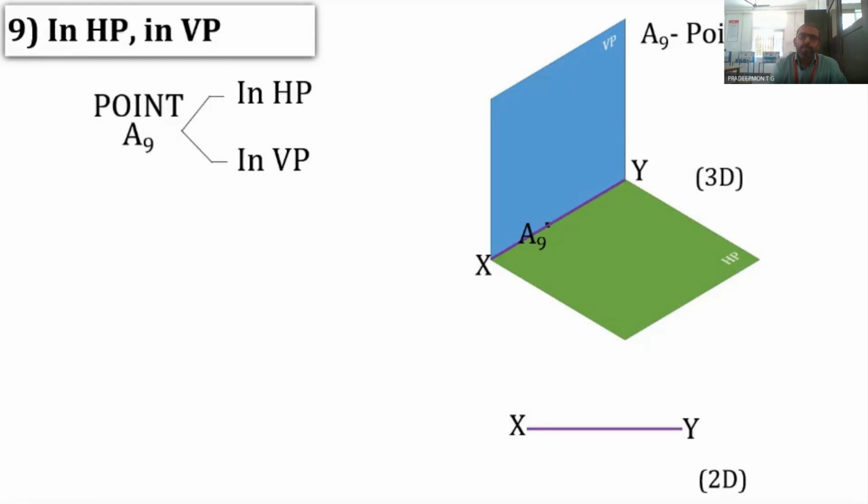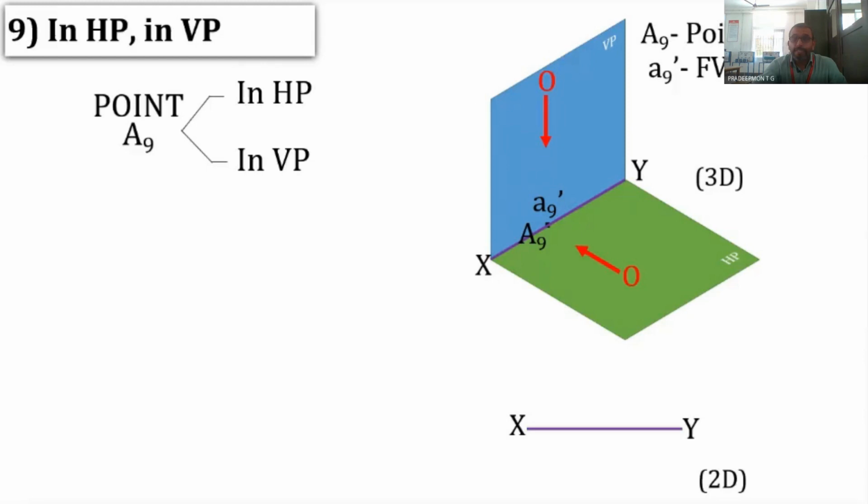So the point A9 is in XY. If the observer is looking from the front in order to get the front view, it will be same as the A9. Since it is lying in VP, the front view should be coinciding with the XY line.